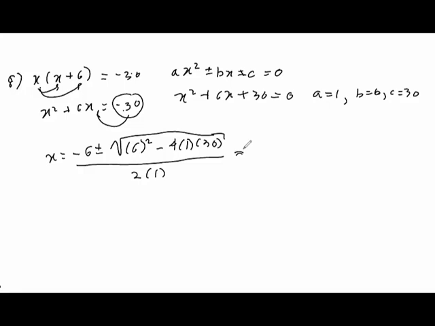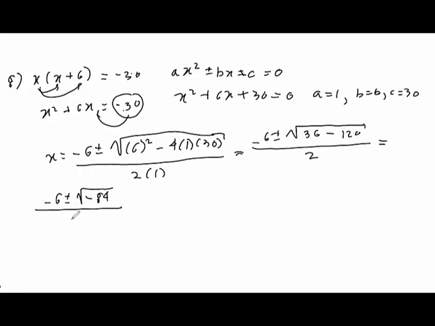And then we proceed to solve that. Negative 6 plus or minus the square root of 36 minus 120, all over, now remember, it's over the whole thing, 2. So that's going to give us negative 6 plus or minus the square root of negative 84, all over 2.